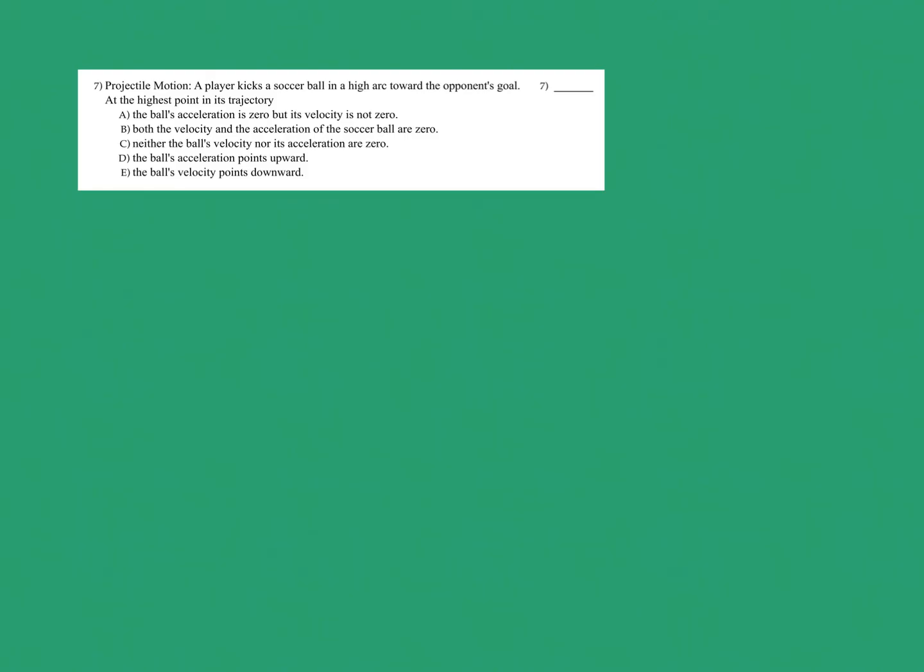Well, read the question and think about it. A player hits the ball, and the ball will do like this.